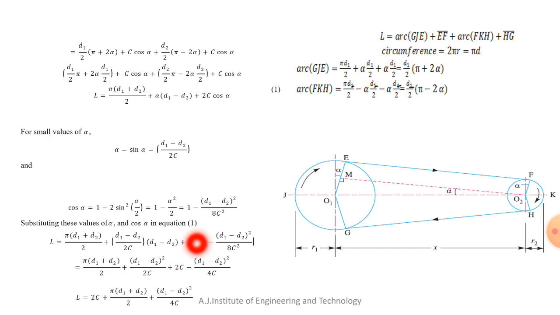This is one of the important expressions to find out the length of belt in case of open belt drive, and the same can be used for problems, because most of the problems are based on this expression. So you have to find out one of the unknowns, because the length of belt is dependent on diameter of driver pulley as well as diameter of the driven pulley along with center distance.